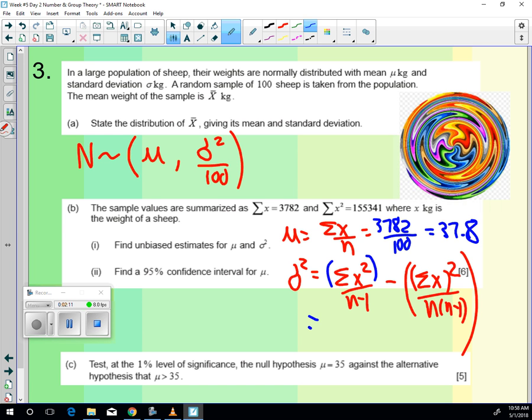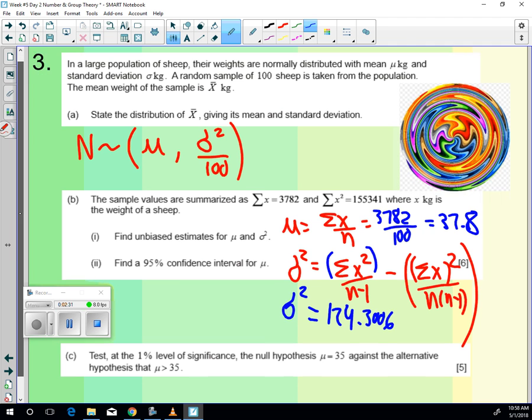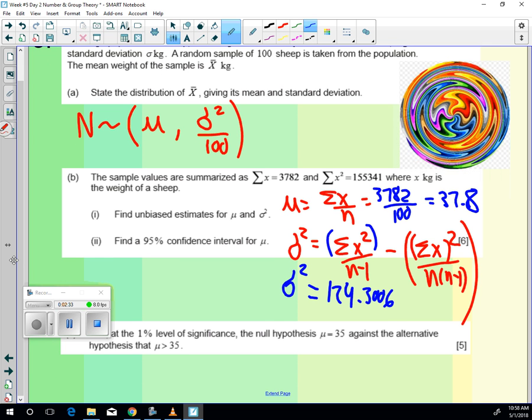They got the variance equal to 124. There was probably some decimals on there, 0.3006, I think. You just plug these numbers in. It's an unbiased estimate, so we got to put those in. I don't think it'll work any other way.